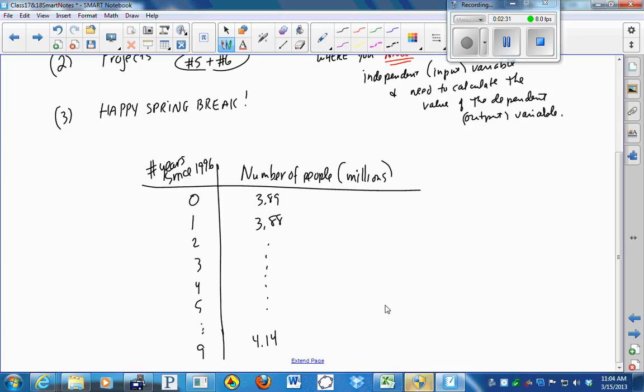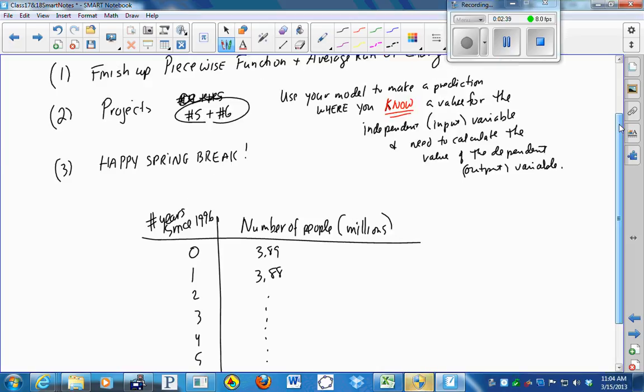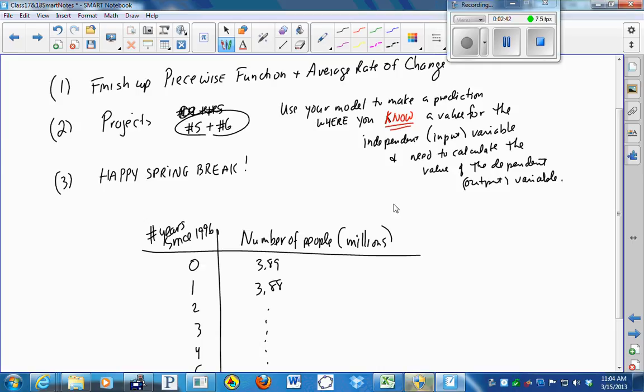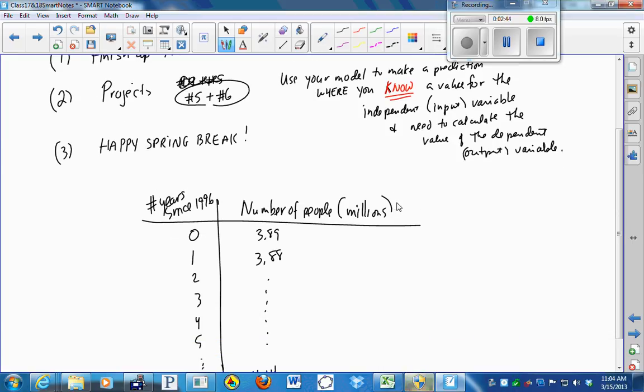But here's the problem. The problem was how you interpreted 5 and 6. This is what I wanted. The language says, use your model. So let's say you have a model, and I'll use a model here. Remember, I put that little Y hat on there just to show that it's a prediction, but you didn't have to do it.